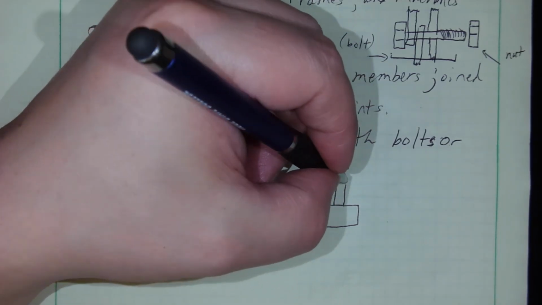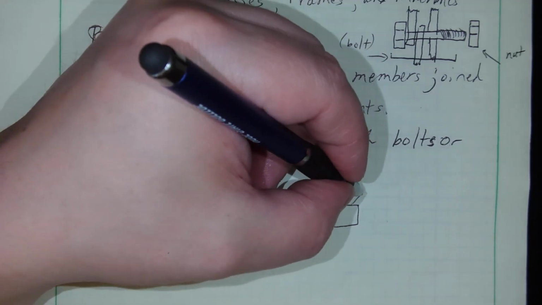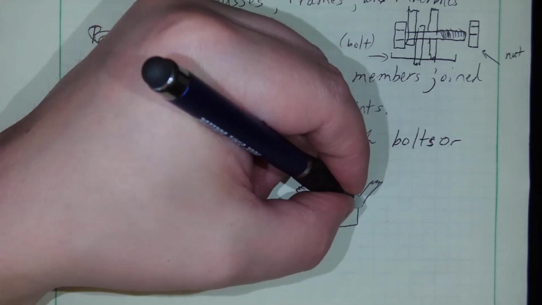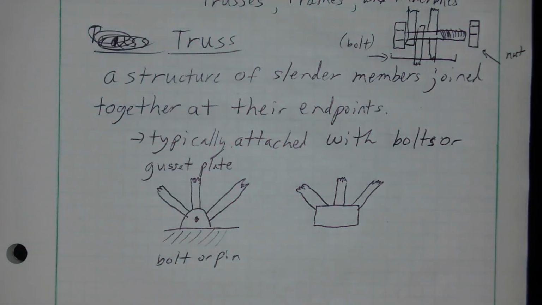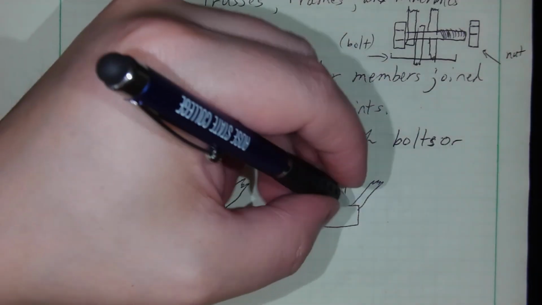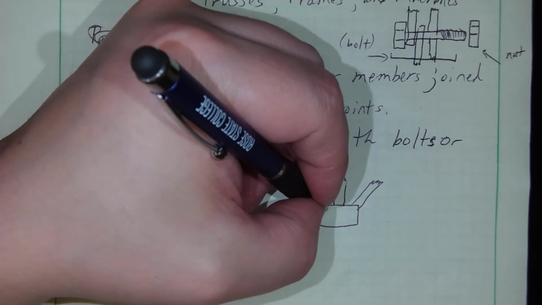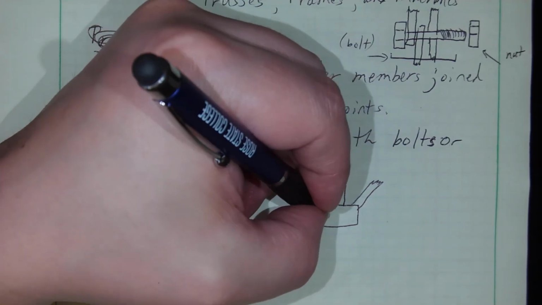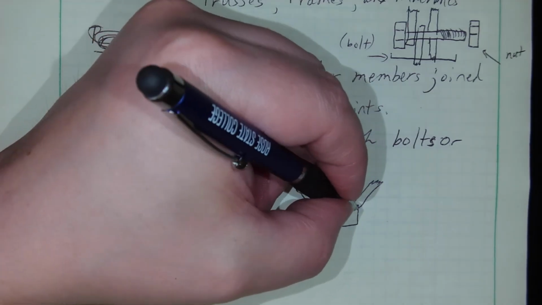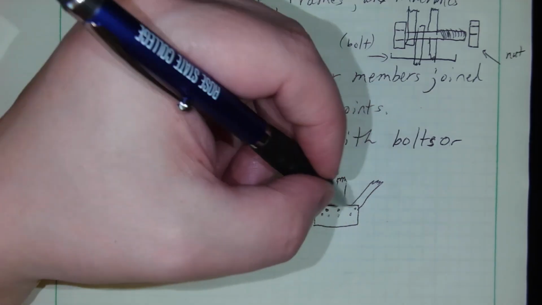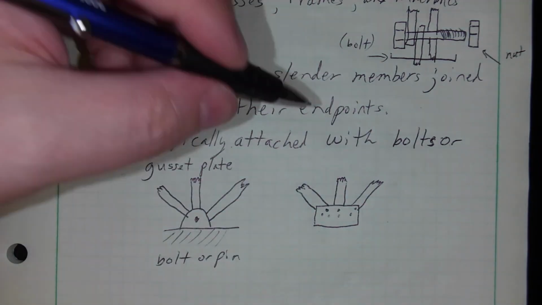If you've ever looked in the attic of a house, and you look at the big wooden structures that hold up the roof, it's called a truss. That's your roof trusses, and you might see something like this at the end, and these things would have either nails driven through them or some rough surface that you can hammer on.